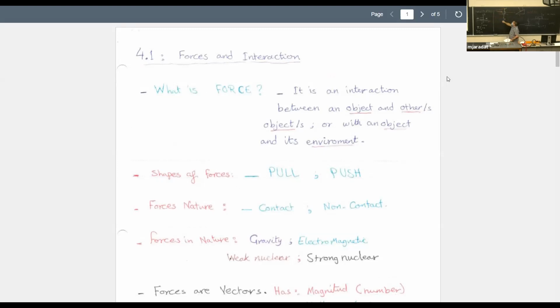The force is a vector. It has a magnitude, which is a number, which is 50. It has a unit, which is Newton. It has a direction, which is to the east or the positive x direction. So we can write it in this case, F is equal to 50 i hat plus 0 j hat plus 0 k hat.